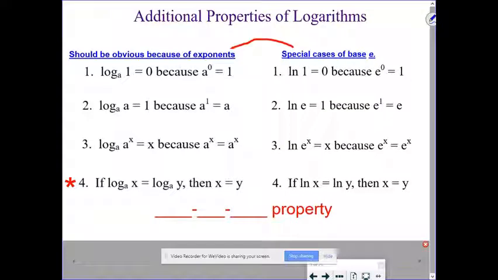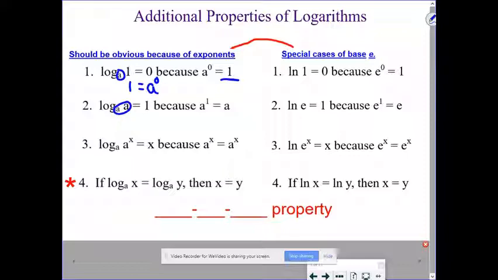So, how do we use some of these additional properties? These I wouldn't say you'd have to memorize. I would say the first three you should definitely know, memorize. You've got to actually have those down. These you can derive just by changing log to exponential, exponential to log.